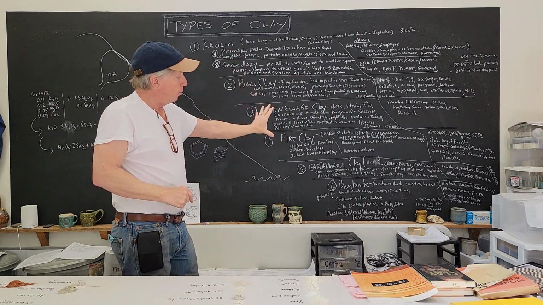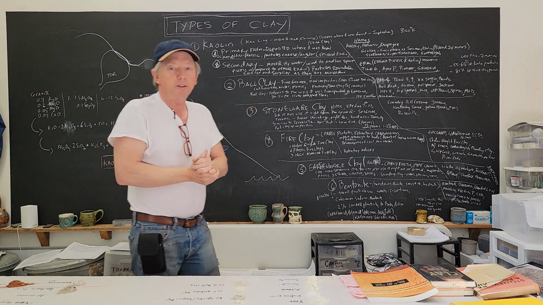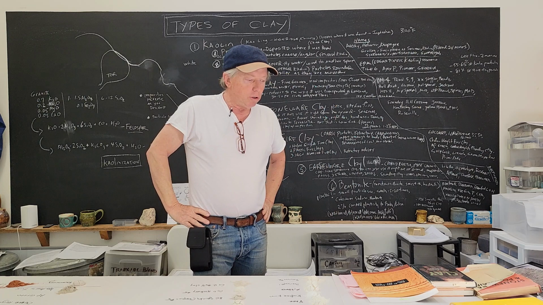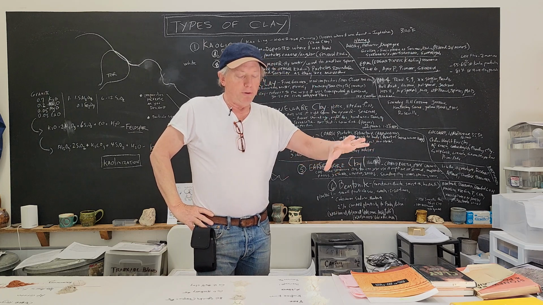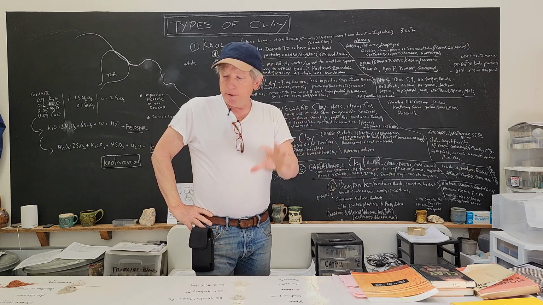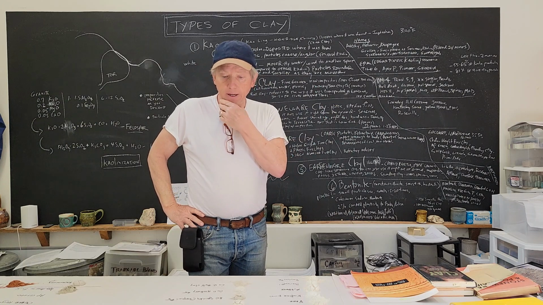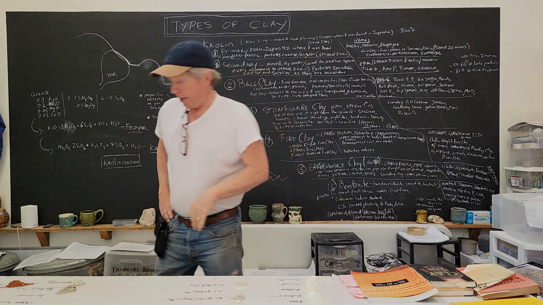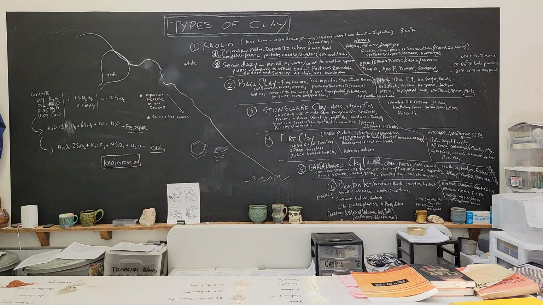I'm going to go through each of those, give you some general highlights, and then I'm going to show you a few books, and I'm going to show you some samples of clays that I have so you can see what they look like. All right, so let's get rolling.